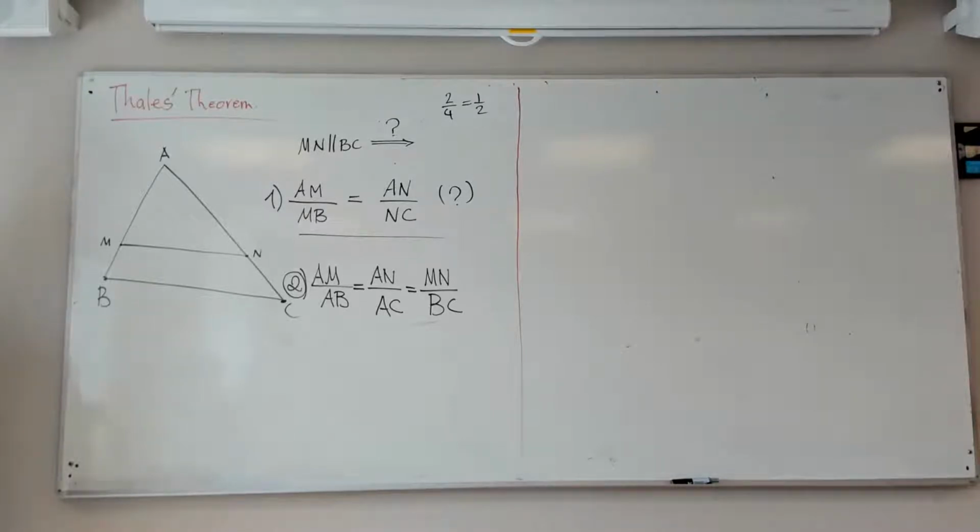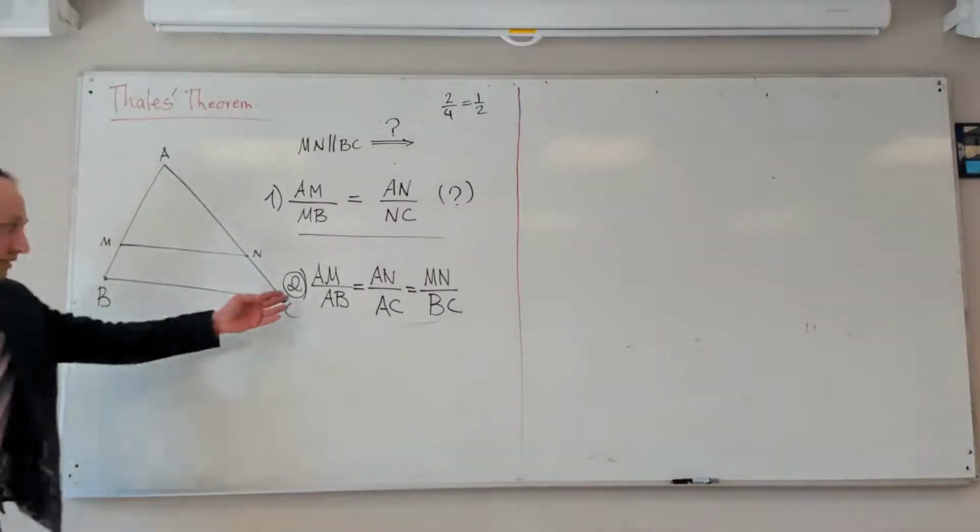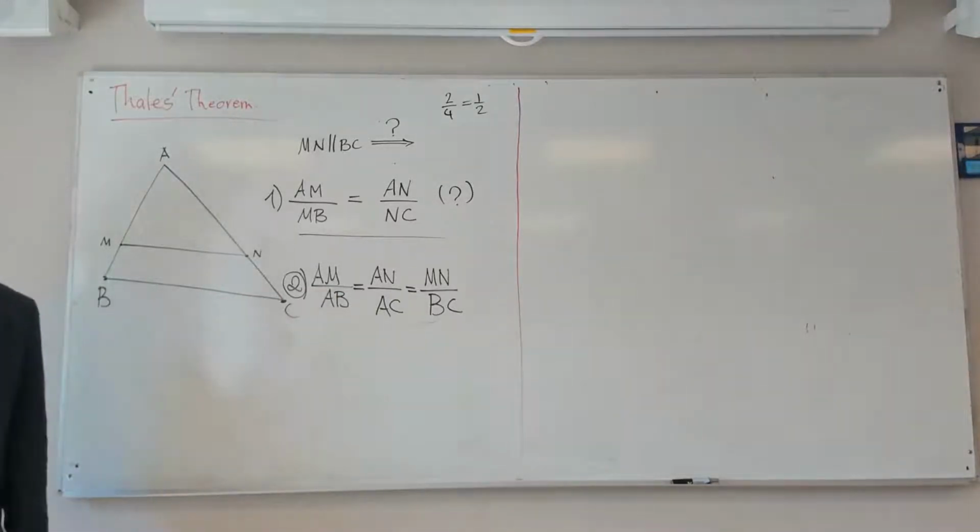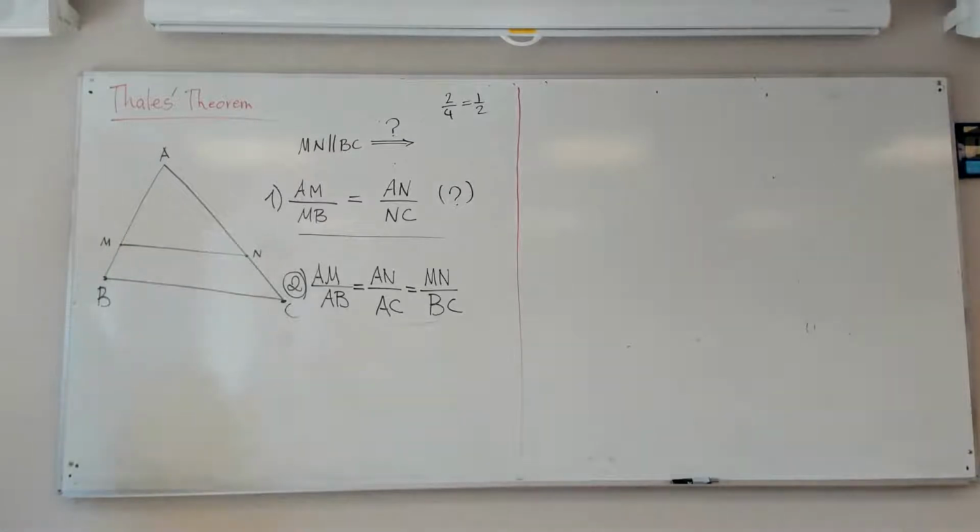Because it's the ratio. I don't know how to say that in English. Sooner or later you need to learn the words. What's that word? Ratio, perhaps? No. So why are the ratios the same? That's my question. How do we know that the ratios should be the same?